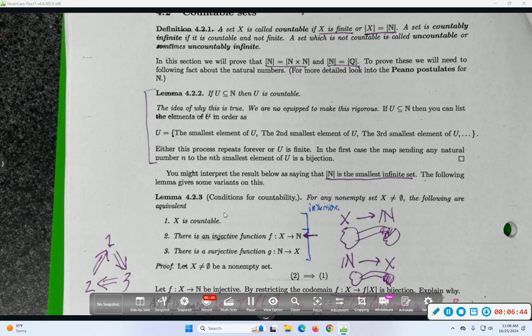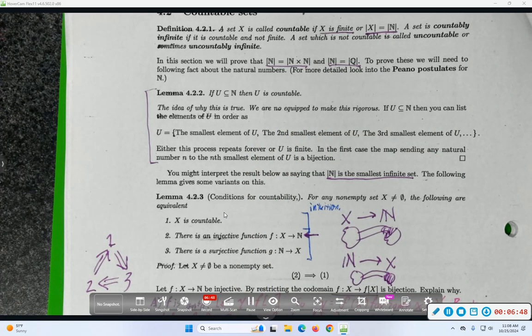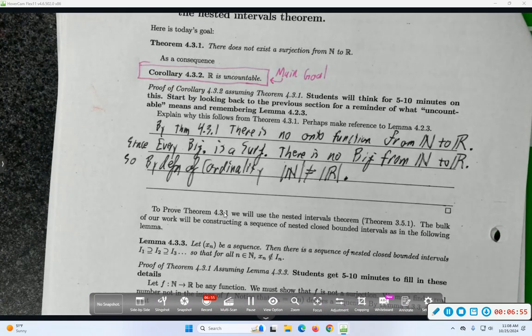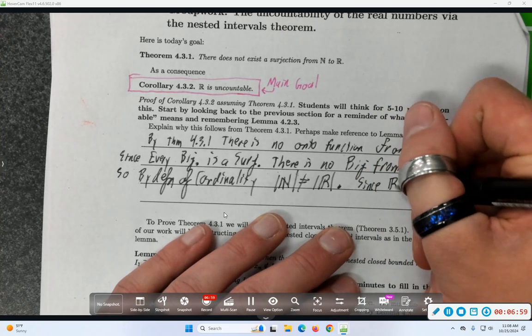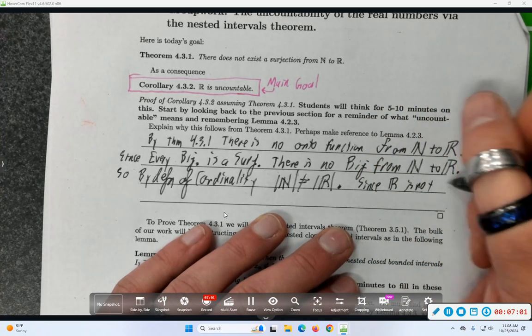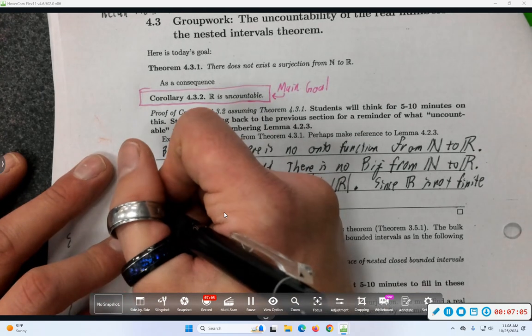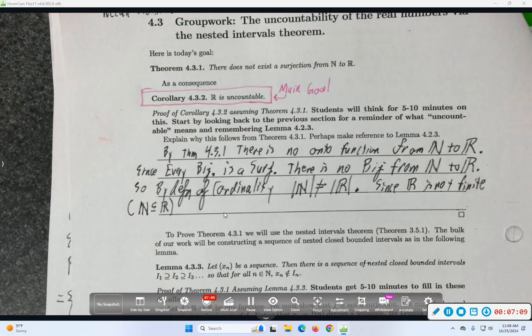Countable means one of two things. It's either finite or in bijection with N. Since R is not finite, there's an infinite subset.